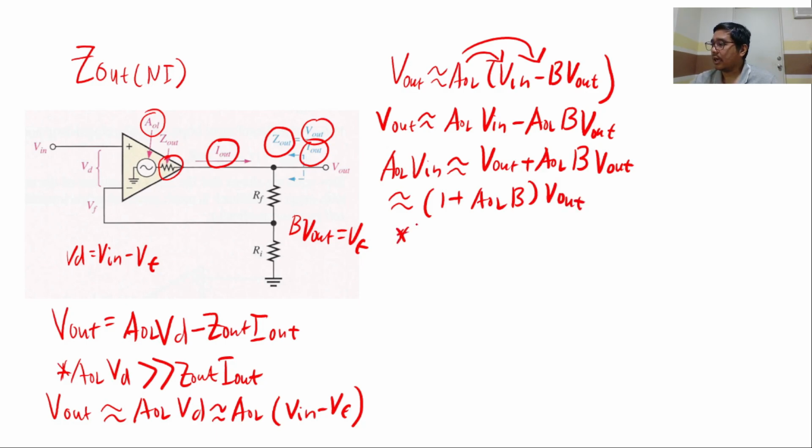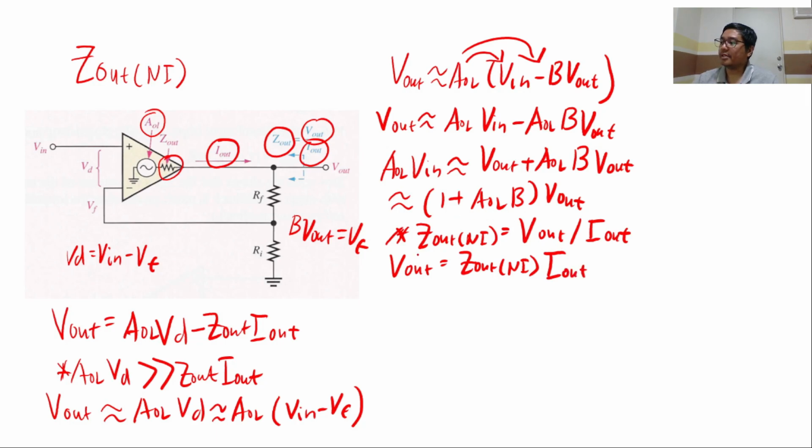But the output impedance of a non-inverting amplifier is equal to Vout divided by Iout. From this equation, we have Vout equals Zout of the non-inverting amplifier times Iout.